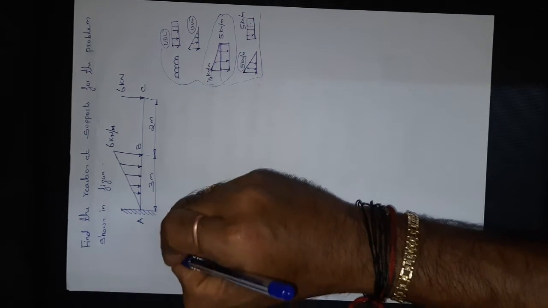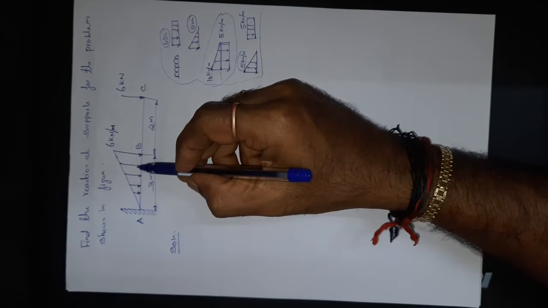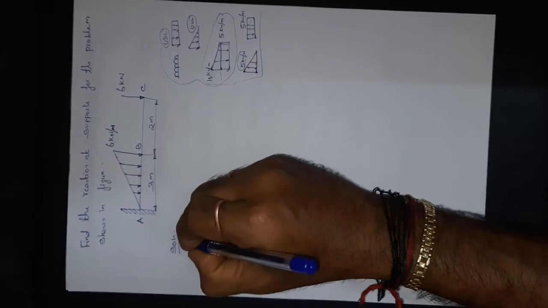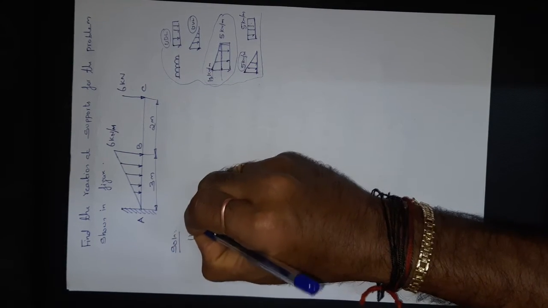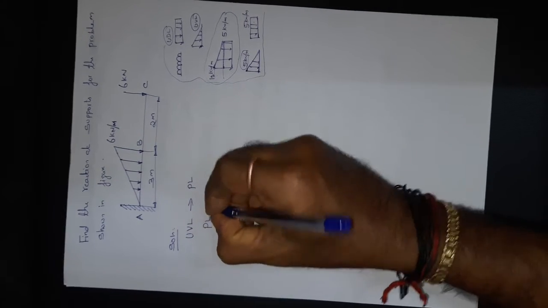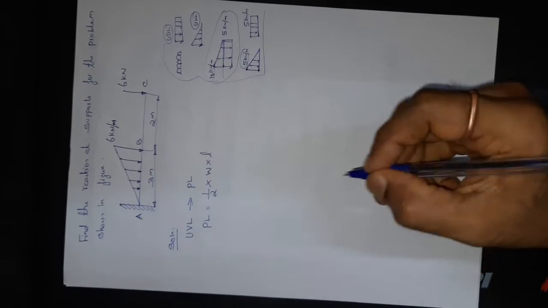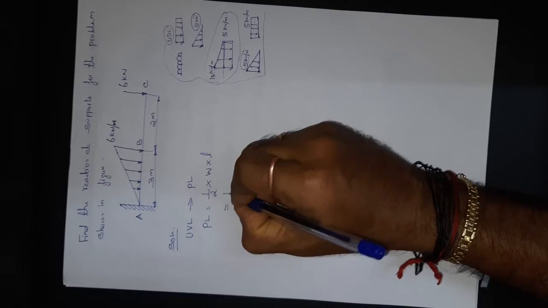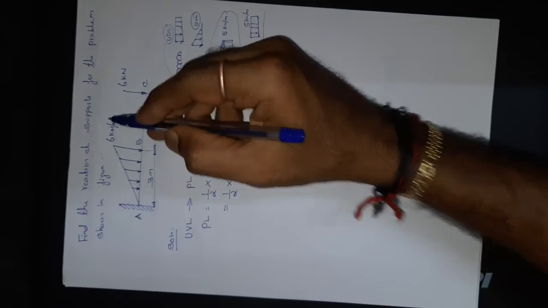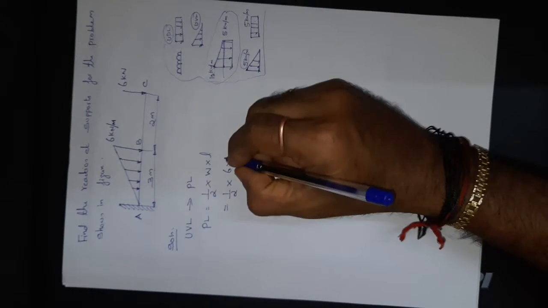Right? So first thing is, to draw the FBD, this UVL needs to be converted into point load, that is PL, isn't it? So UVL to be converted into PL. So the PL formula is equal to half into load intensity into the length, that is the span length. So half into W, which is the load intensity of the UVL, which is 6, into the length of the UVL, which is 3 meter.